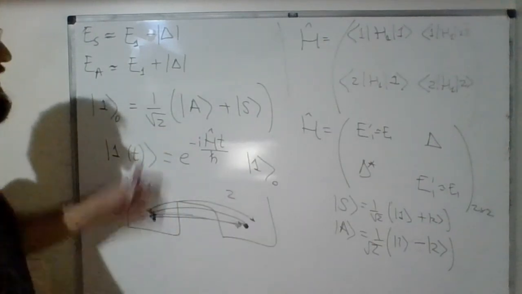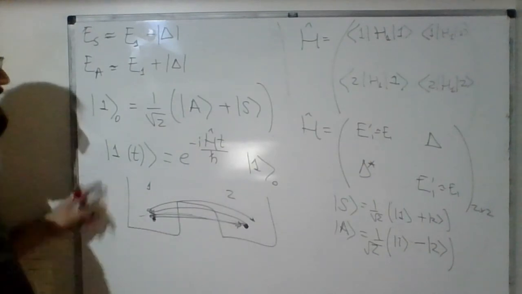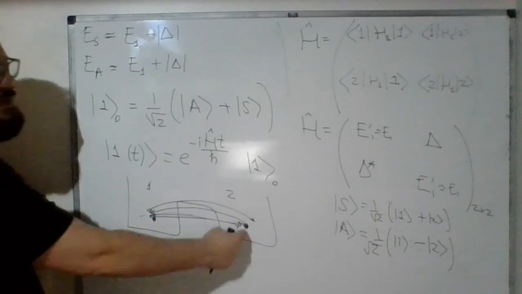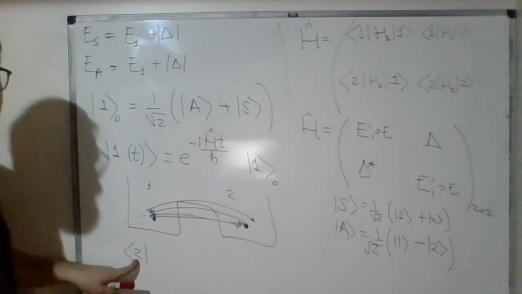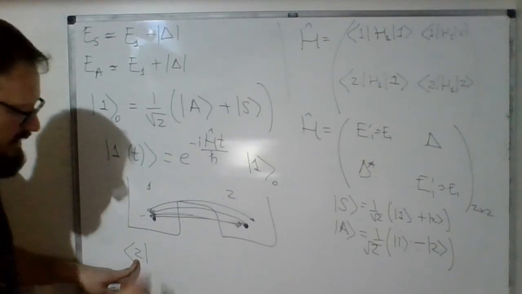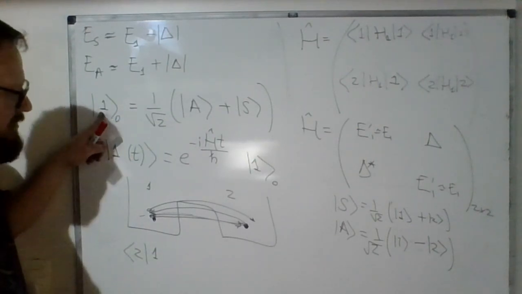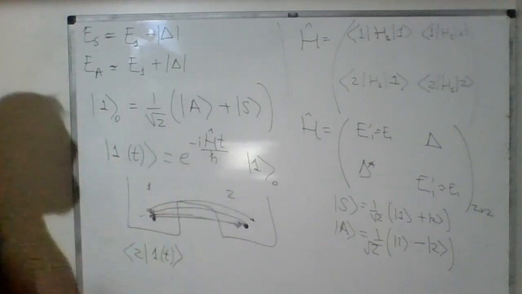All right? It's just because you can calculate the probabilities. What is the probability of finding the particle in the second box if you initially put the particle in the box number 1, but it evolves in time? All right, so you can calculate that.